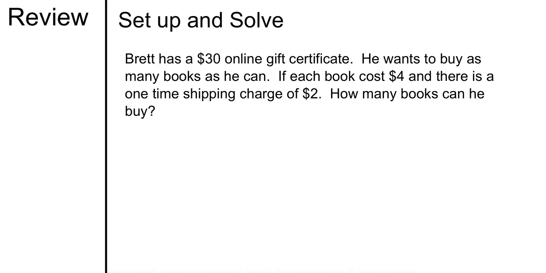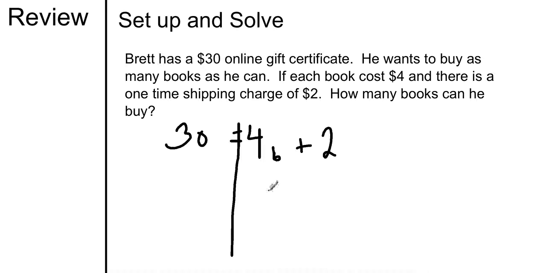All right, so let's take a look. If Brett has $30 in an online certificate, that's what our total is going to be. He has $4 per book, plus the $2 shipping charge. So now let's solve it. Subtract 2 from each side.